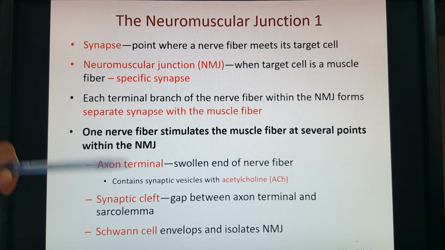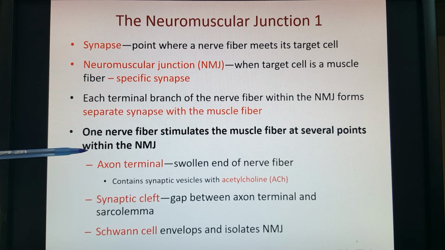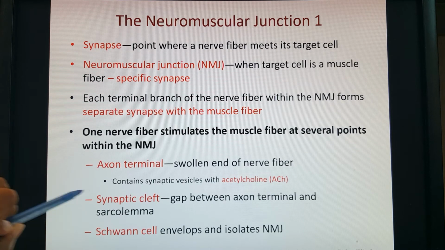When your nerve fiber stimulates your muscle cell, it can actually stimulate it at several points. You have our axon terminal, the end piece of our neuron. Inside that axon terminal, we have synaptic vesicles that have the neurotransmitter acetylcholine. This type of chemical is going to bind to receptors on the sarcolemma of our muscle cell in order to trigger what's called an action potential.